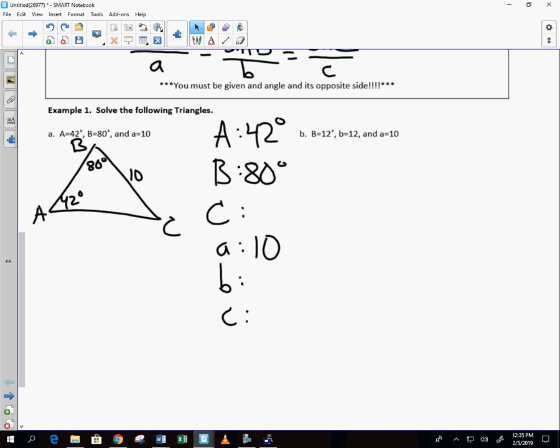Is everybody okay? Is everybody okay with how I drew the triangle?